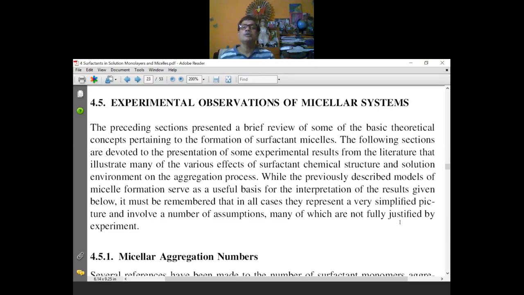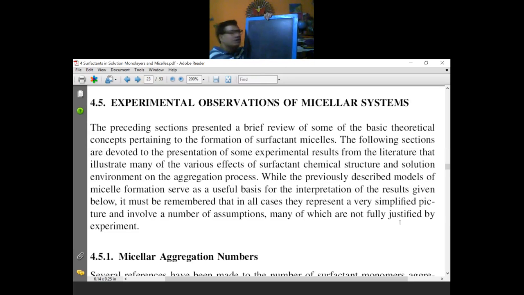To know about the structure of a micelle, I need to know the aggregation number and the cross sectional area of the surfactant. Theoretically I can calculate the L, and theoretically I can calculate the V, but these parameters can also be determined by experiment.